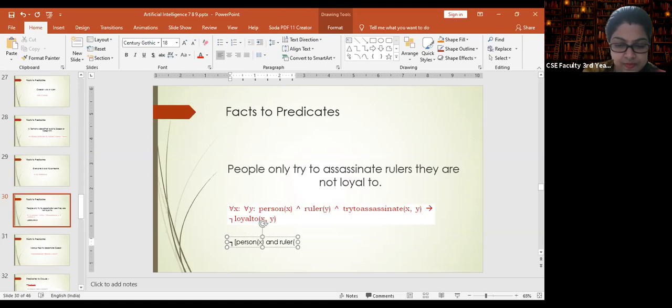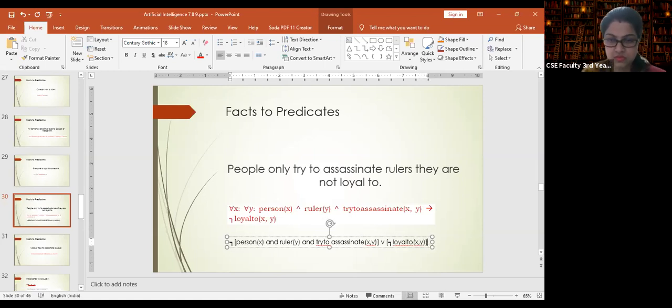Ruler Y and Try to assassinate X comma Y. So this is part A, and part B is not loyal to X comma Y. Part A and part B are identified.